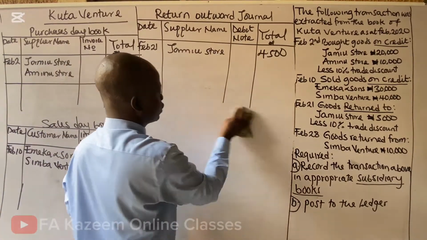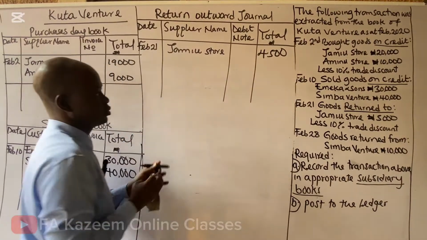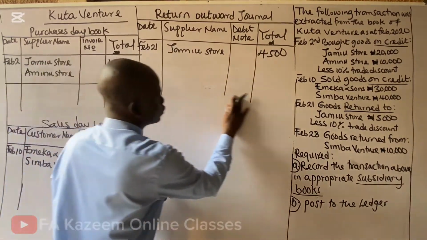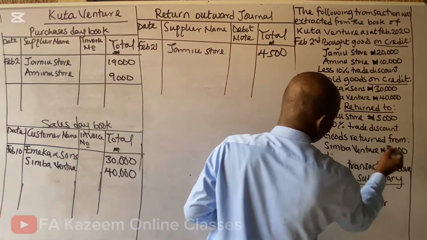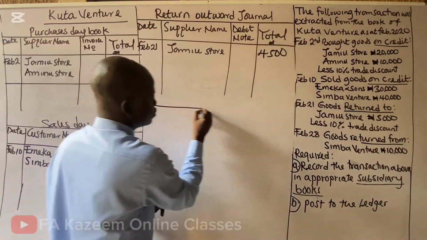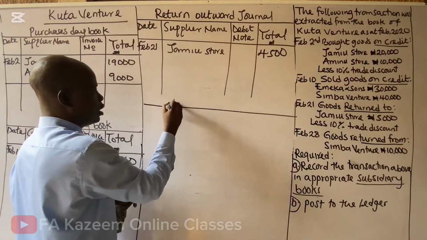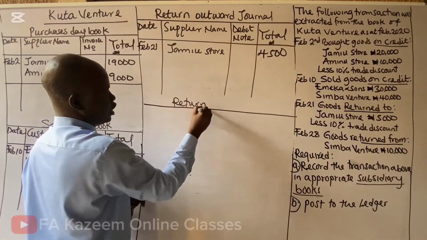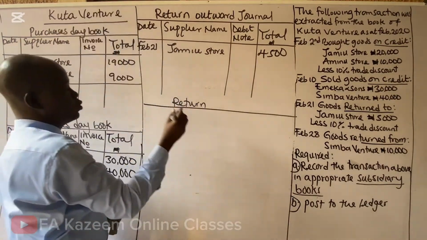We also have goods returned from Simba. That's return inward. Simba returned goods back to Kunta.